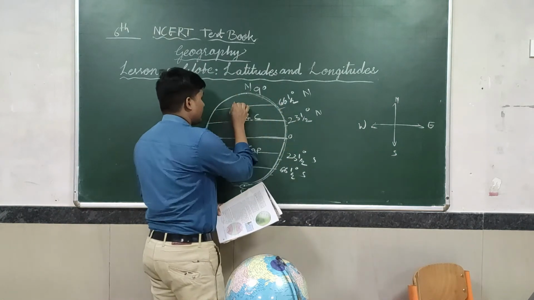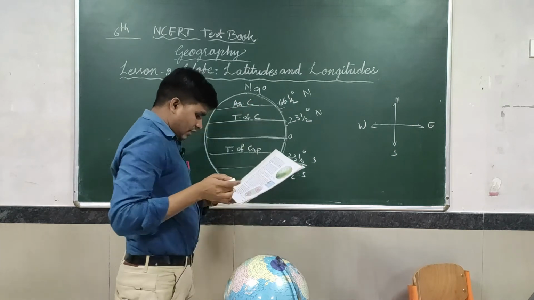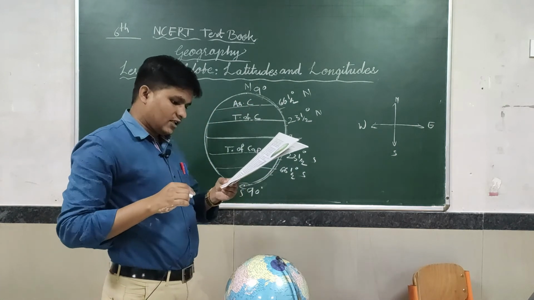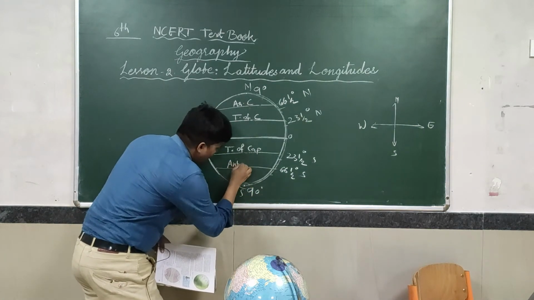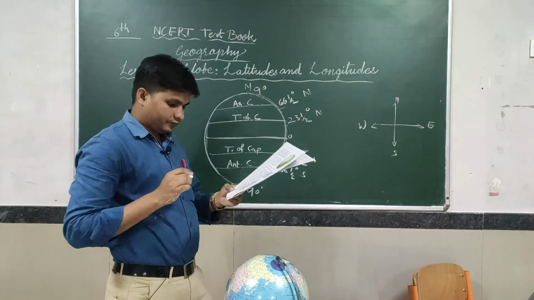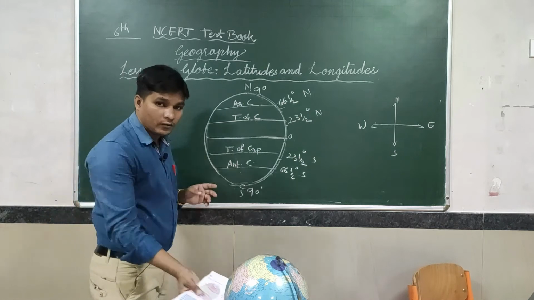So this is called the Arctic Circle, while the fourth is the Antarctic Circle in the south. This is called the Antarctic Circle. Are you getting my point?